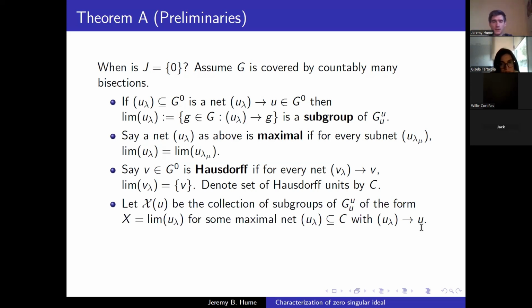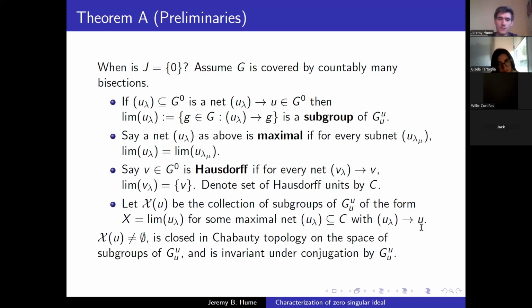So curly X of u is the collection of limit sets of maximal nets of Hausdorff units. And using the fact that when G is covered by countably many bisections, the Hausdorff units are actually dense in the unit space, this collection of subgroups is always non-empty.